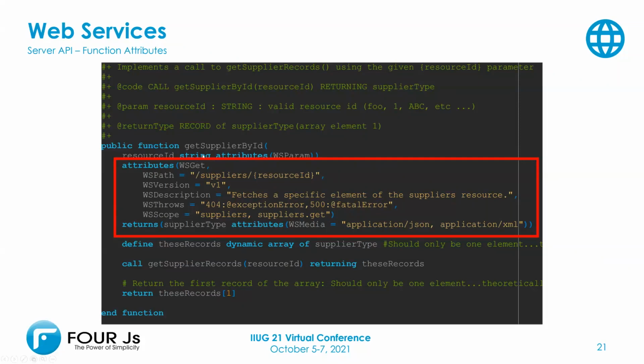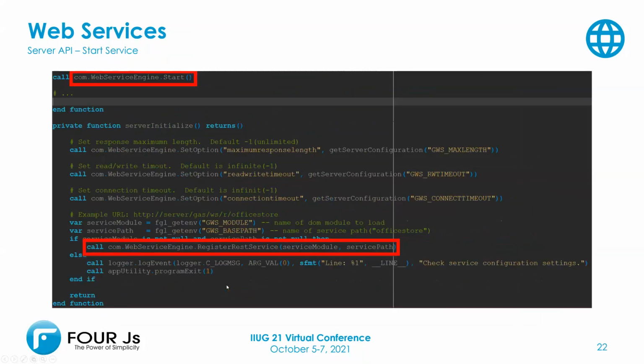But at the end of the day, from a 4GL or a Genero perspective, you basically create a function block, and then you just get some input parameters from the URL, and then return some information back in JSON format or XML format. So that's that.